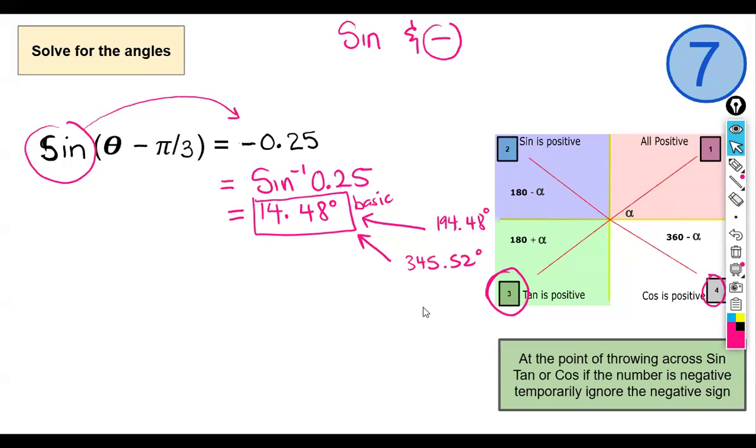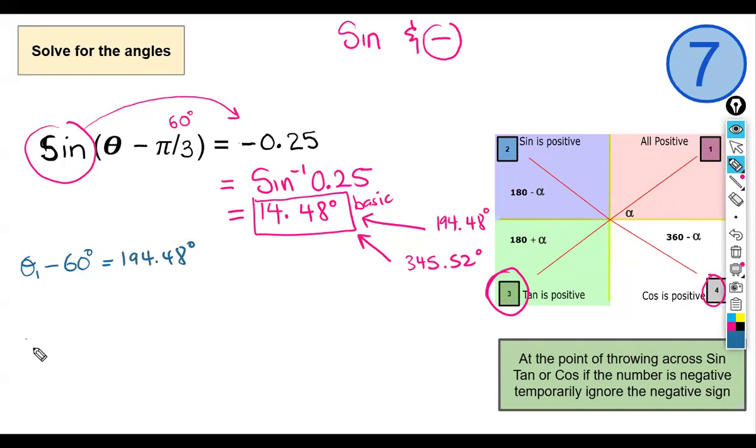Right. But the question is not finished because it's theta minus pi on 3. Remember, pi on 3, if you look back in your table, is 60 degrees. So this is what you have to finish off now. Theta 1 minus 60 degrees is equal to 194.48.